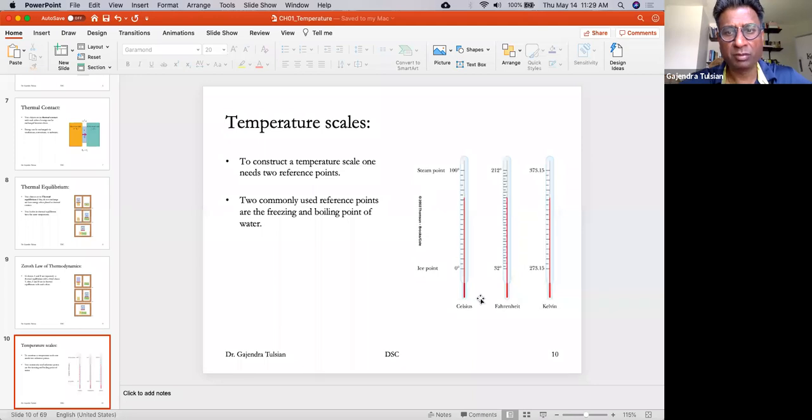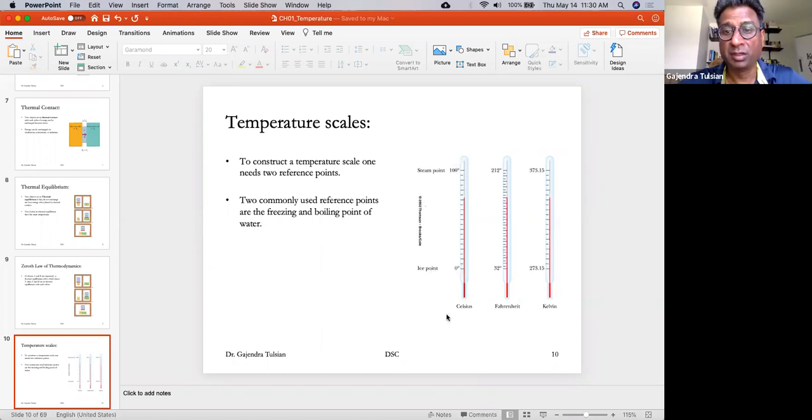Now to make a scale, all you do is call this phenomenon occurring at some temperature any number you want. On the Celsius scale, they call it 0 degrees Celsius, and the boiling temperature of water 100 degrees Celsius. If you want to make your own scale, you can call this 50 and that 500, whatever.